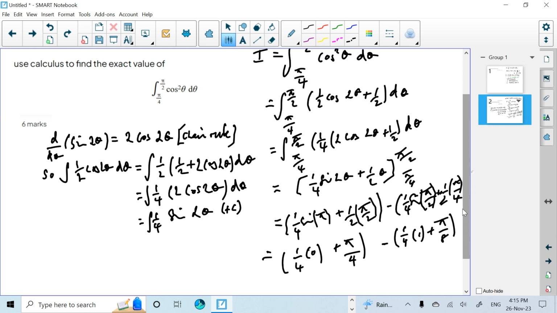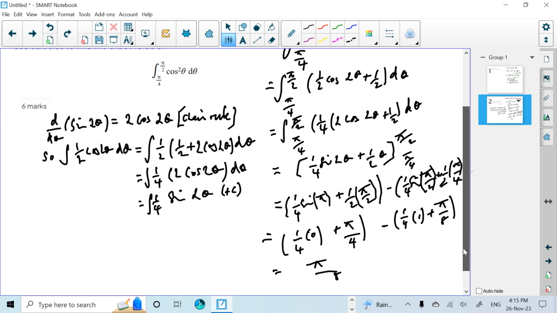So we end up with pi over 8 plus pi over 4 minus 1/4.